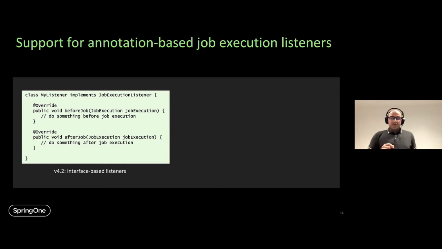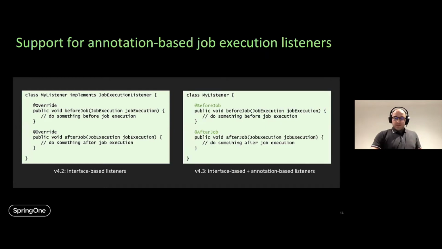Another feature is the support of annotation-based job execution listeners. Up until now, the only way to register a job execution listener is by implementing the JobExecutionListener interface. So we need to implement the interface or extend a support class we have in the library. In this release, we added the ability to use any class as a listener as soon as you annotate methods with @BeforeJob and @AfterJob.